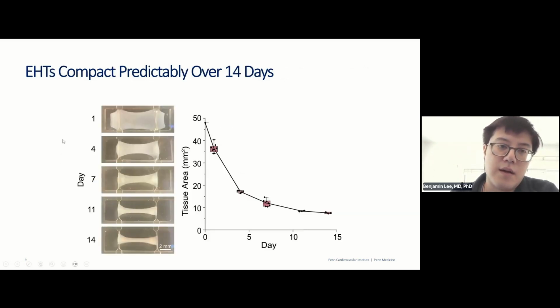And so when we make our tissues, they compact regularly over the course of 14 days. Here you see an engineered tissue just 1 day after casting, and over the course of the 2 weeks of culture, they compact nicely around these two anchors that we've created.